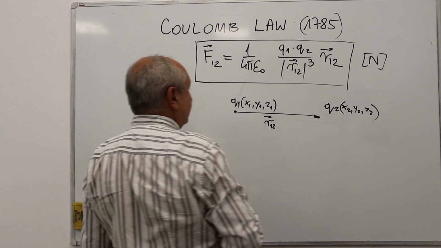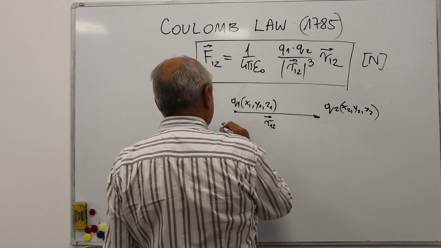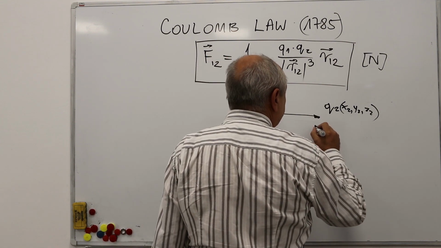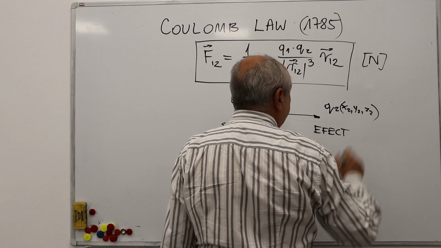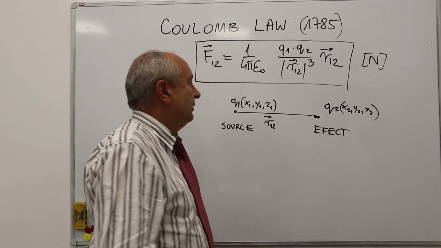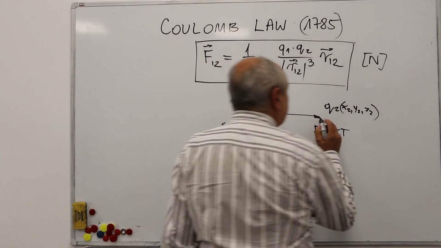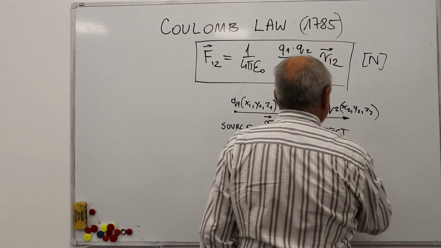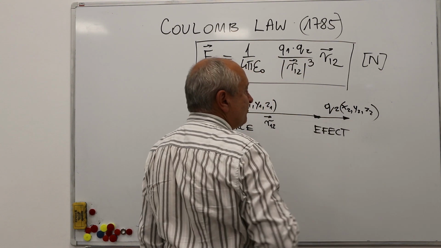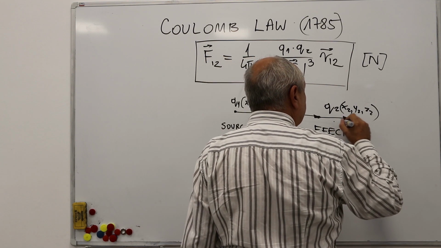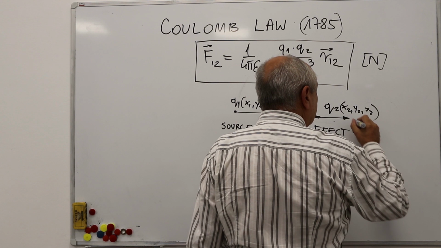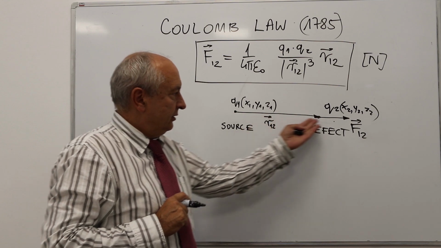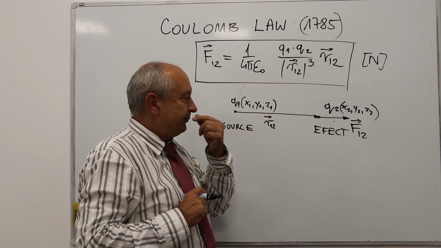Q1 is the source of the force, and here we analyze the effect of this force. So the vector of the force starts in point Q2, and here we can write that this is the 1,2 force. What we can see from this sketch?